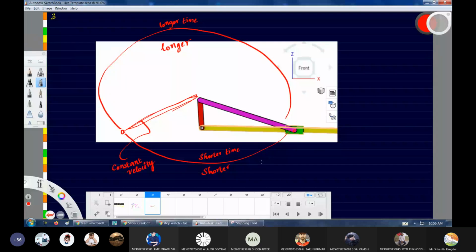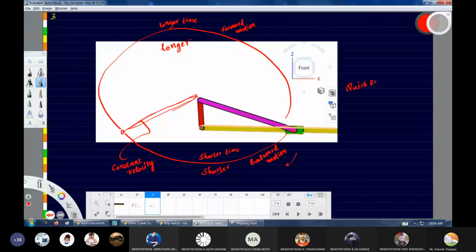The lower one is usually used for backward motion, and the upper one for forward motion. The backward motion takes a shorter time and is faster. So that's why this mechanism is also called the quick return mechanism.